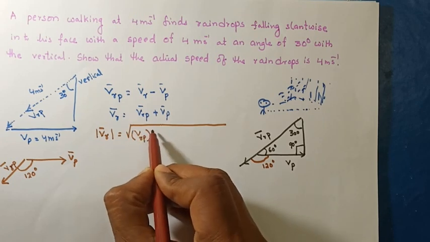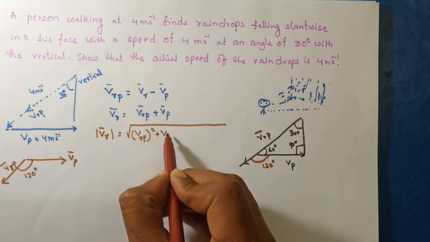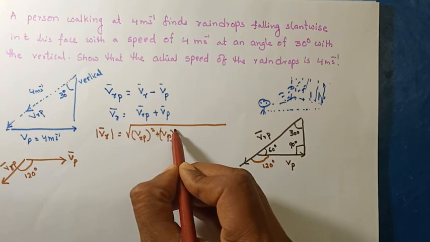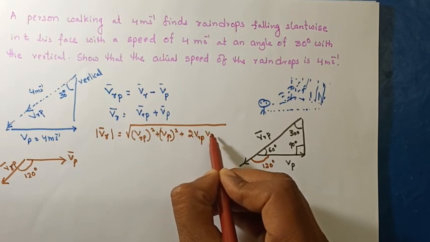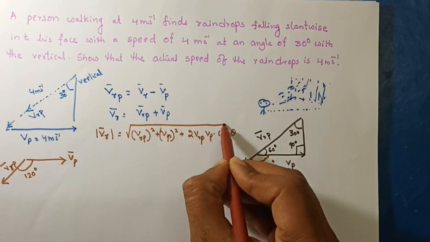Vrp magnitude square, Vp square, plus 2 Vp cos theta.